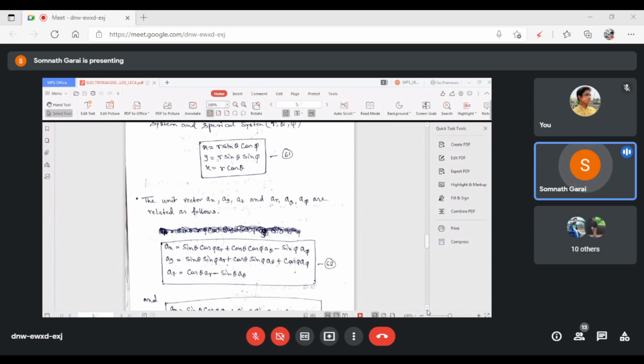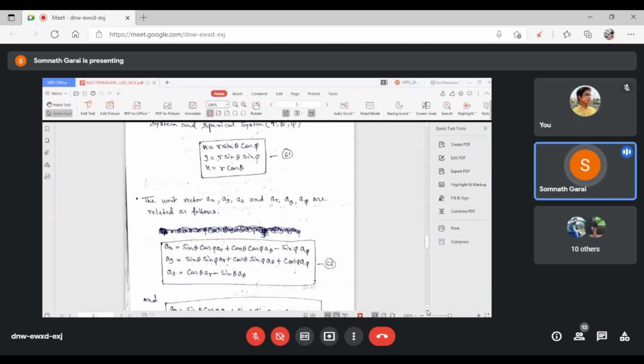The unit vectors of Cartesian coordinate are ax for the x direction, ay for the y direction, and az for the z direction. And the unit vectors of spherical coordinate are ar for the r direction, a theta for the theta direction, and a phi for the phi direction.